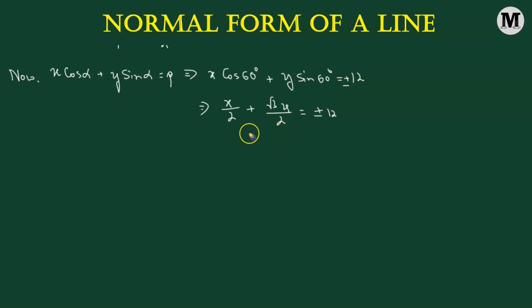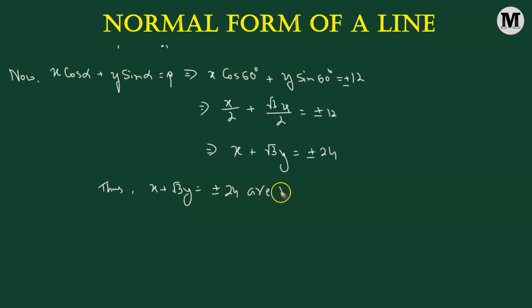We have to take both values. Multiplying throughout with 2, we get x plus square root of 3y equals plus or minus 24. Thus, x plus square root of 3y equals plus or minus 24 are the required equations.